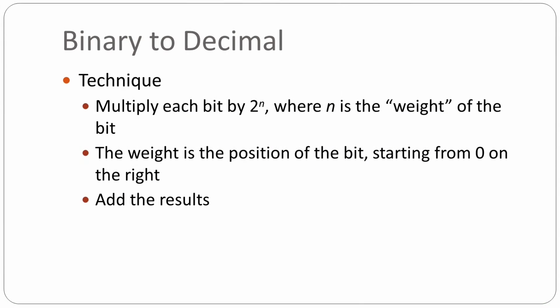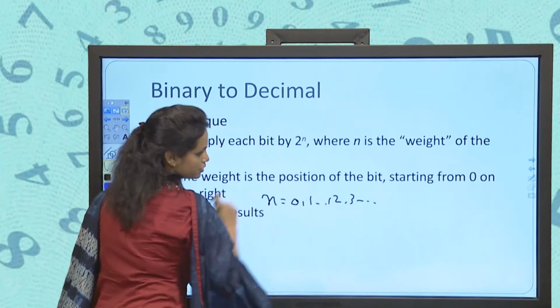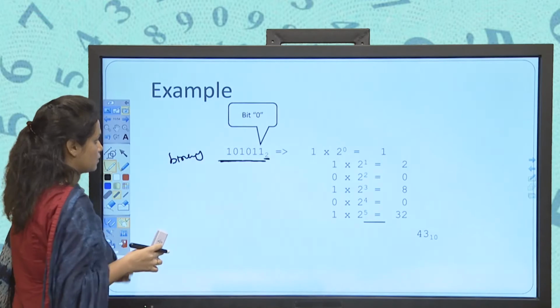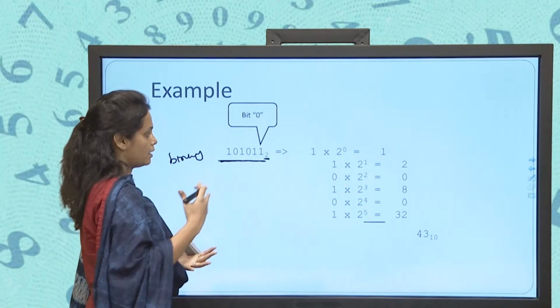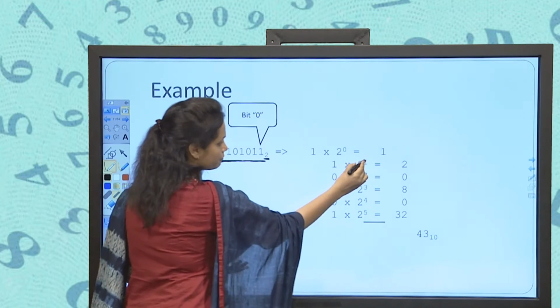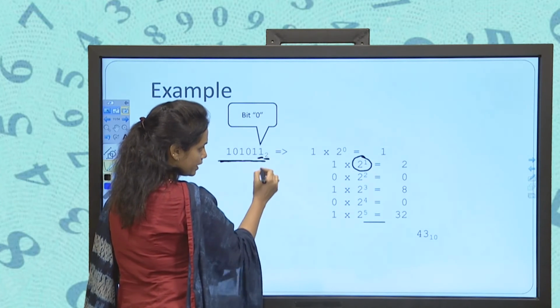First we multiply each bit by 2 raised to n, fine. What is n? n will start from 0, 1, 2, 3, and so on, fine. Now see, we will start from the side, and as the position increases, we will increase the power of 2.